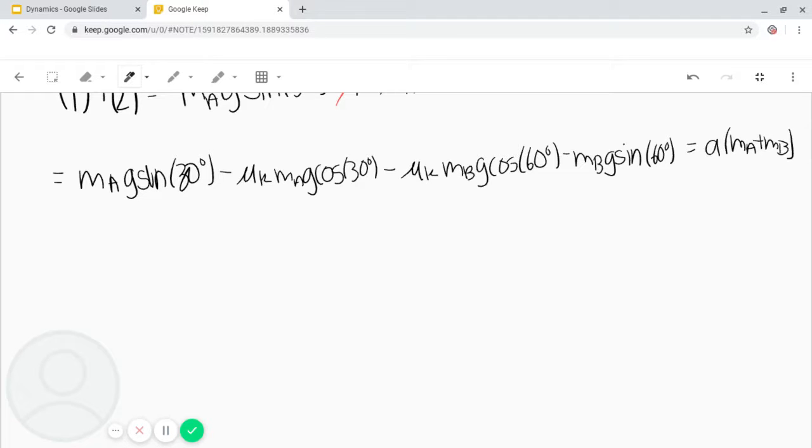So I get 58.86. We'll worry about sig digs later. And then mu_k was 0.4, so 0.4 times 12 times 9.81 times cosine of 30 equals 40.78.